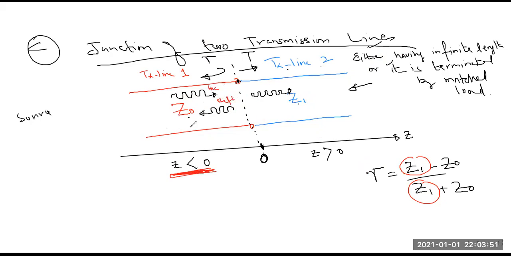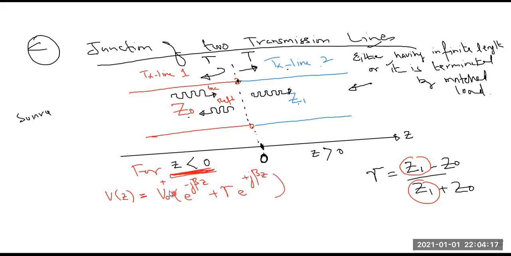So if I want to find the expression of voltage, I will say for z less than 0, the total voltage is mathematically represented as V naught plus e power minus j beta z plus reflection coefficient times e power plus j beta z.